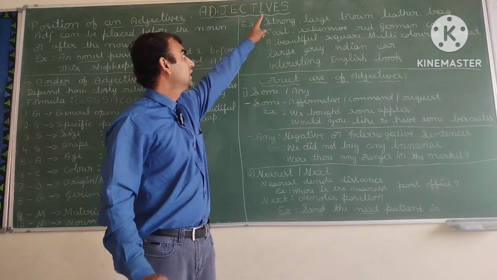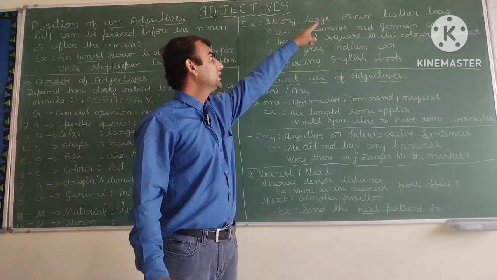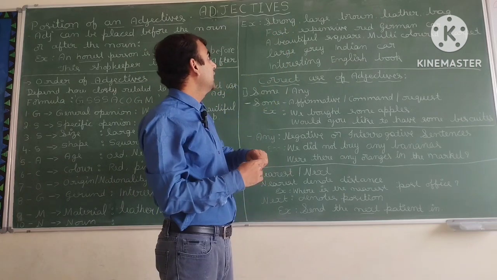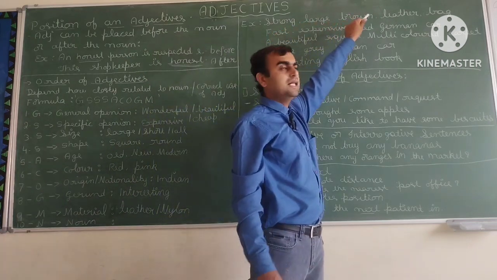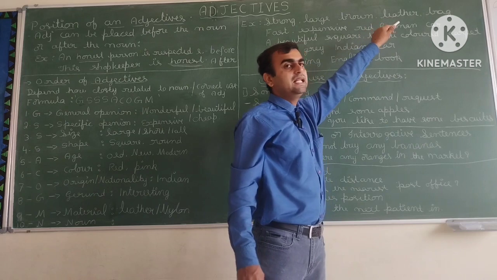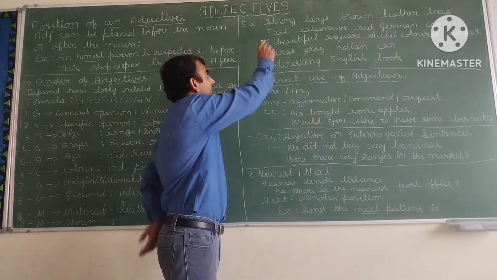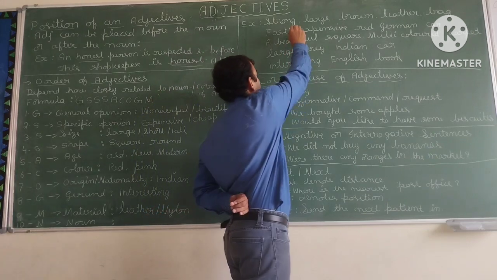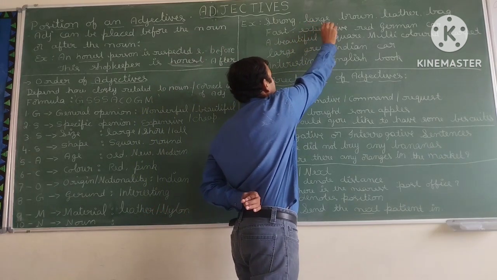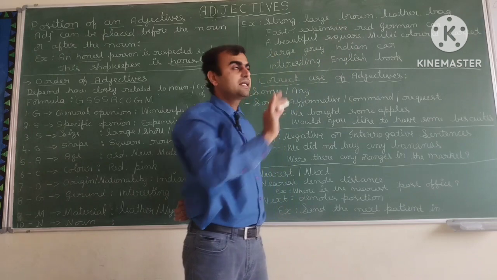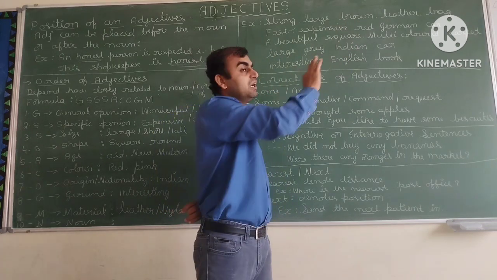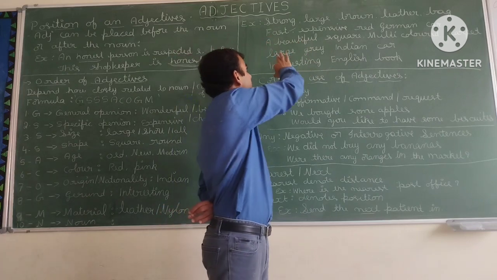Now examples: strong, large, brown, leather, bag. Strong is a general opinion, large is a size, brown is a color, leather is a material, and finally the noun, that is bag. Fast, expensive, red German car. Fast is a general opinion, expensive is a specific opinion, red is a color, German is a nationality or origin, finally the noun, that is car.